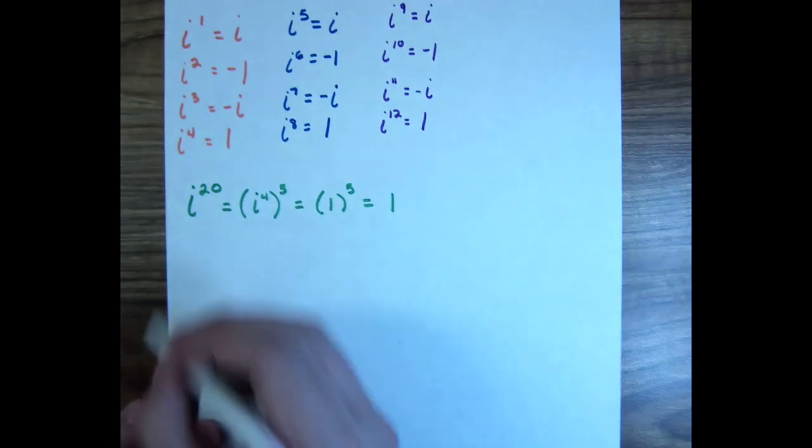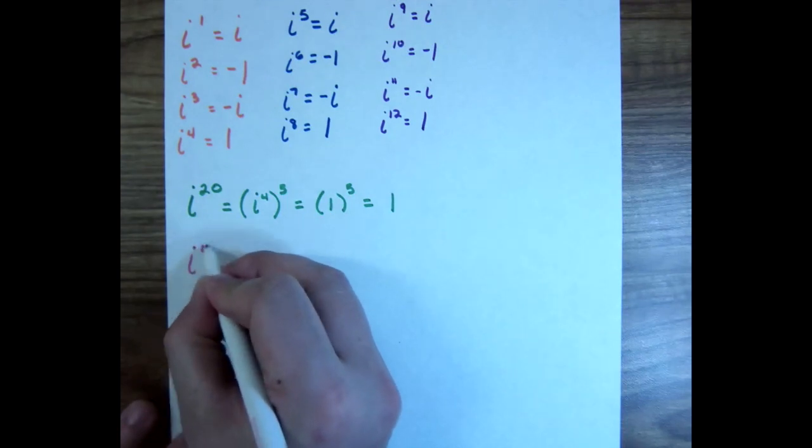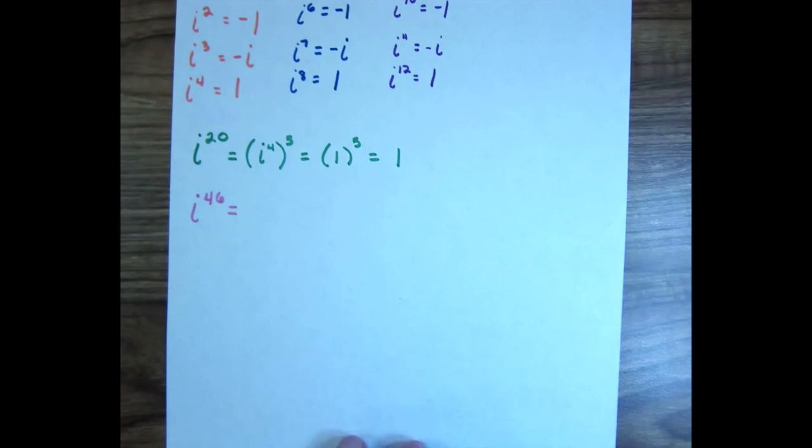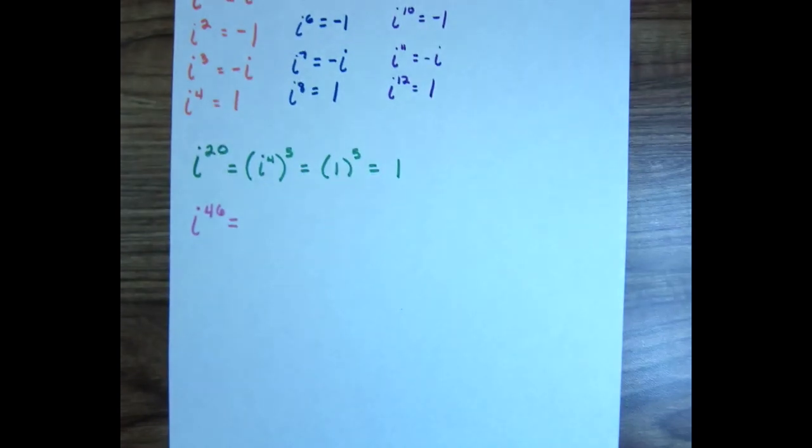So what about if it's not a multiple of 4? What is the highest multiple of 4 that is lower than 46? 46 is not a multiple of 4. 40? I can think of a higher one. 42 is not a multiple of 4. 44 is.